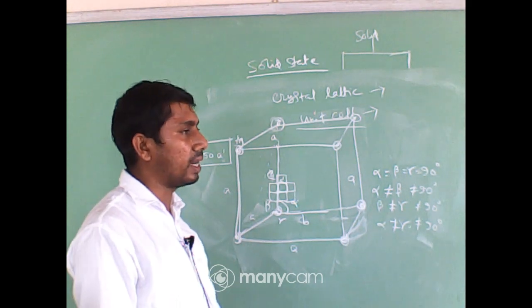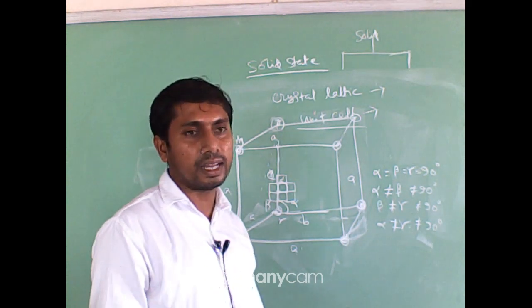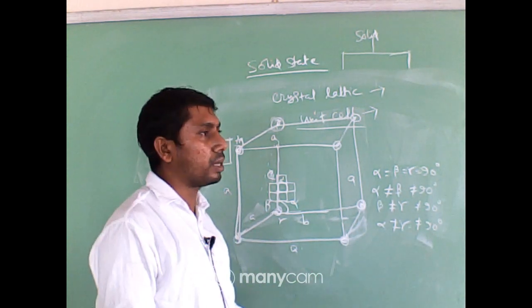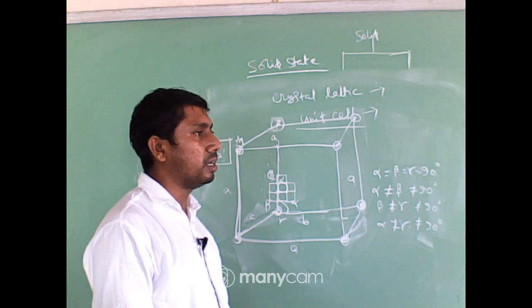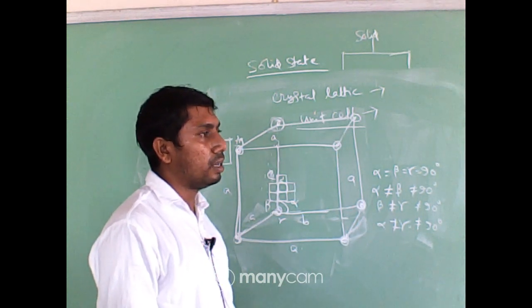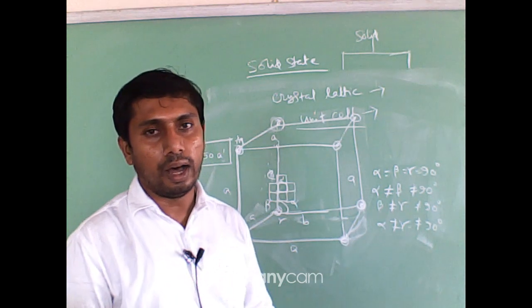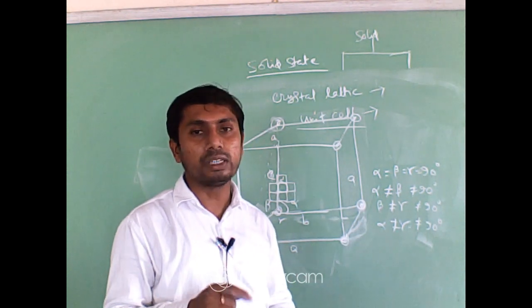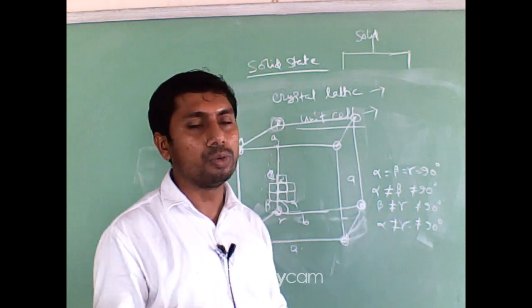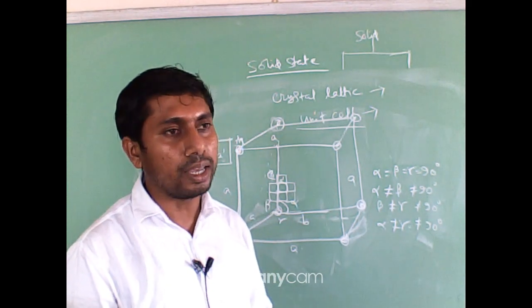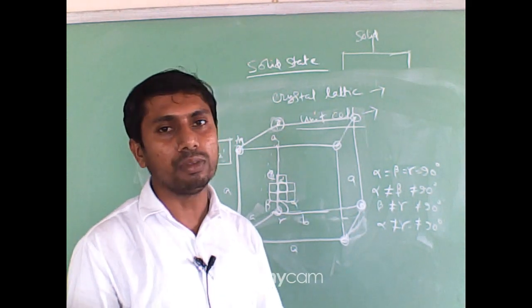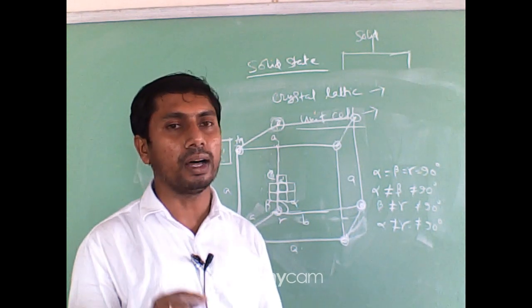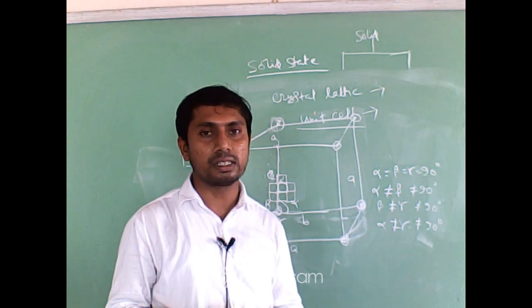What is a crystal lattice? A crystal lattice is the overall distribution of the crystal points in 3 dimensions. And what is a unit cell? The unit cell is the unit of that entire crystal which repeats itself to produce the overall crystal. So, the unit cell tells you how the lattice points are distributed in the crystal.